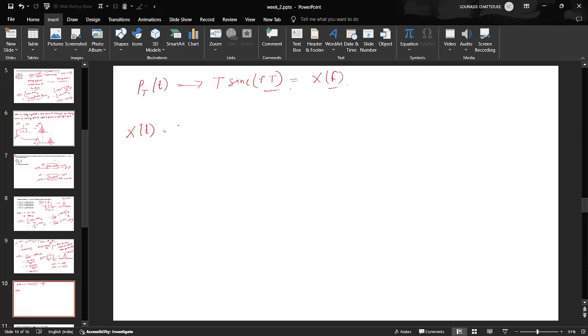What I need to do is, I will have B sinc(Bt), where B corresponds to the bandwidth. And there I will have a pulse of width B, from minus B by 2 to B by 2, of unit amplitude.